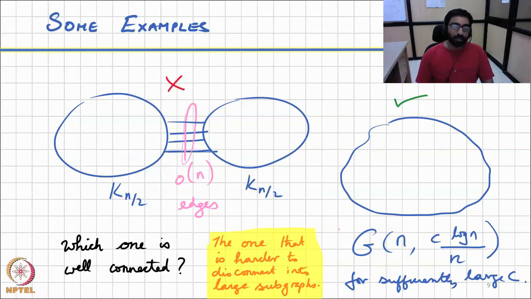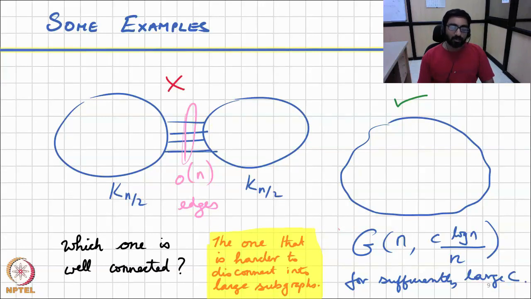Notice, for example, that in the graph on the right, it's easy to isolate a few vertices because it's essentially a sparser graph. So by deleting a few edges, we can disconnect the graph. That's really not what we're talking about. If you look at the graph on the left, removing a few edges will not disconnect the graph.